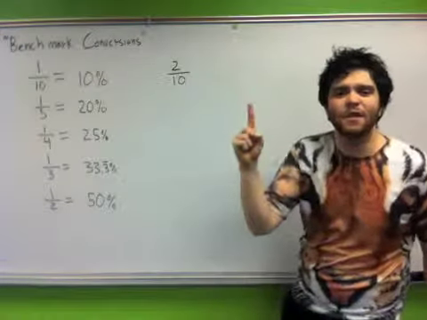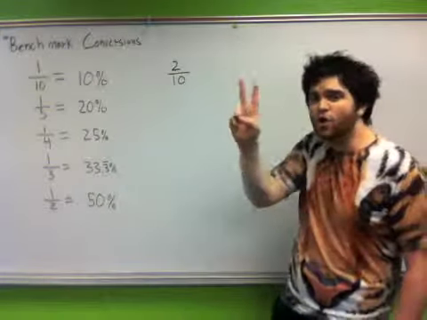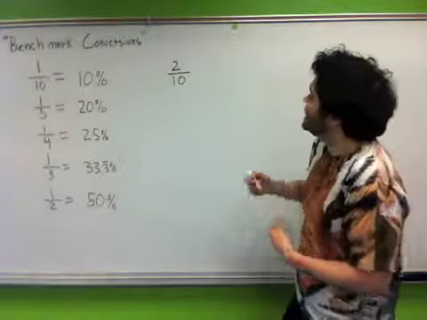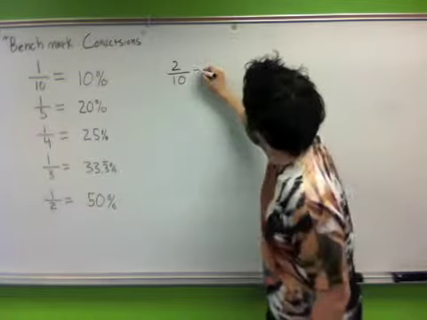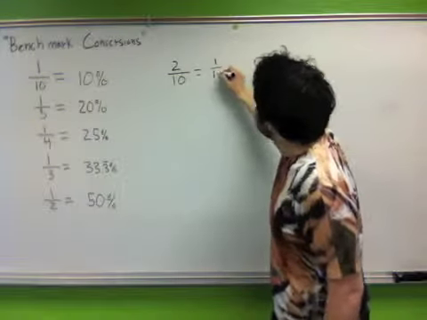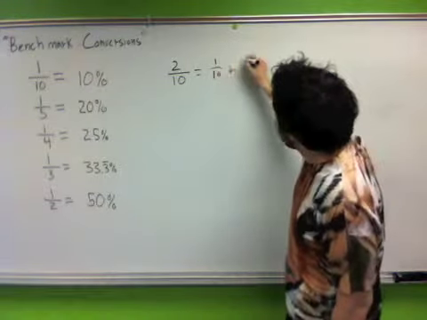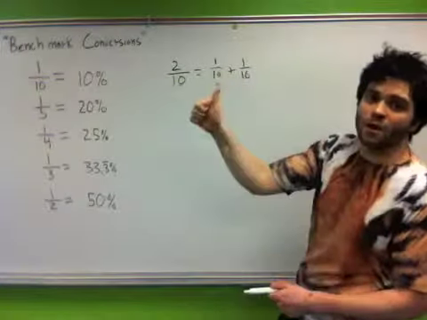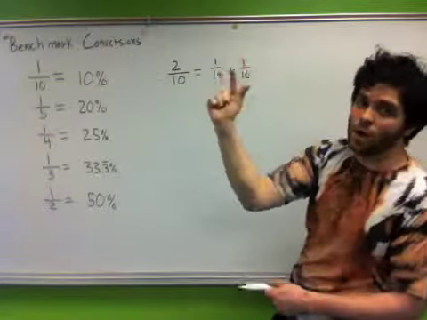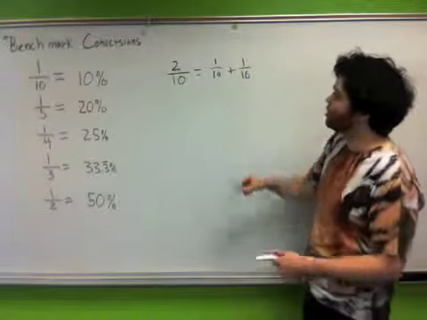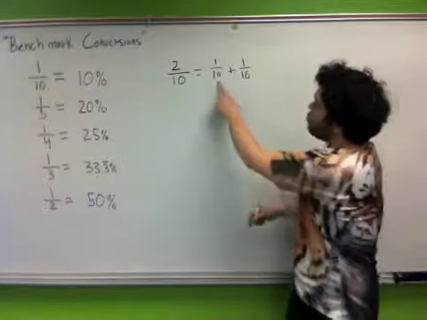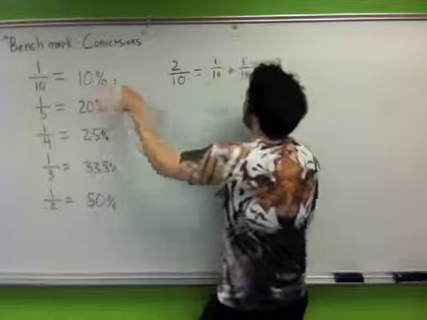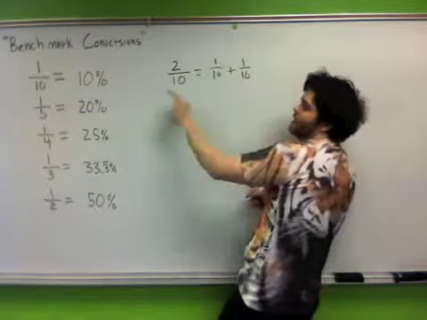If 1/10 is equal to 10% and I have 2/10, how many percent do I have? Well, it seems pretty reasonable that I'd have 1/10 and another 1/10. 1 of the tenths plus another 1 of the tenths gives you 2/10. But 1/10 is equal to 10%, and another tenth is equal to 10% as well.